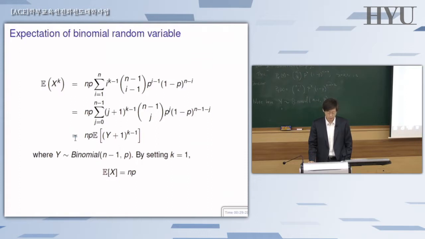Who didn't pick up this last equality? Who didn't see why this is the expectation of this Y plus 1 to the k minus 1? First show that this is the probability mass function of a certain random variable, and that random variable is supposed to be another binomial random variable. For a binomial, we need to define just two things: how many times you get to try and what the success probability is for each.